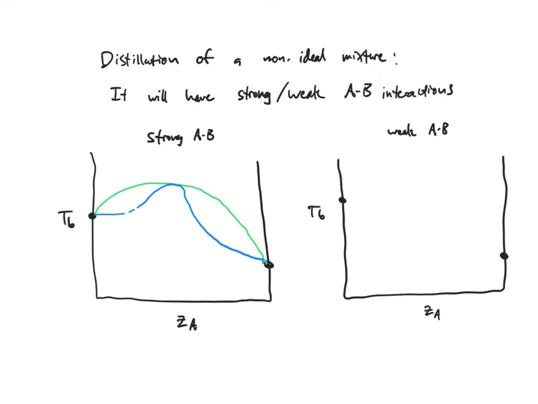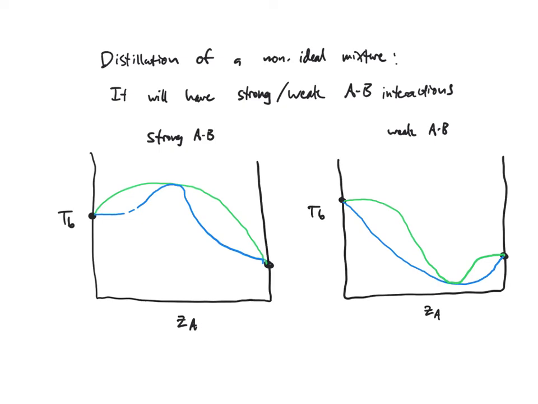Now for the weak interactions, the liquid state is going to curve something like this, and then the vapor is going to look something like this. So again, we see a couple of these very weird shapes.